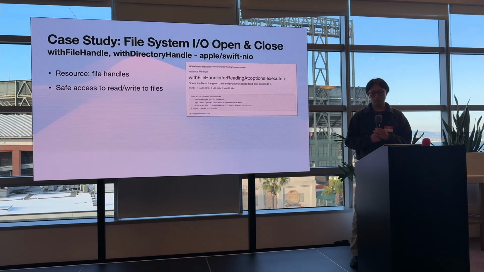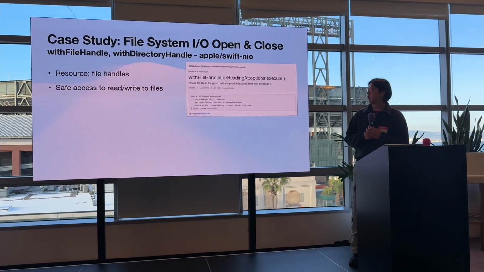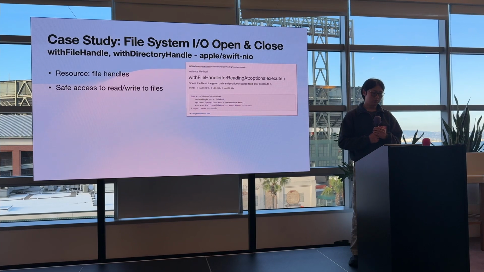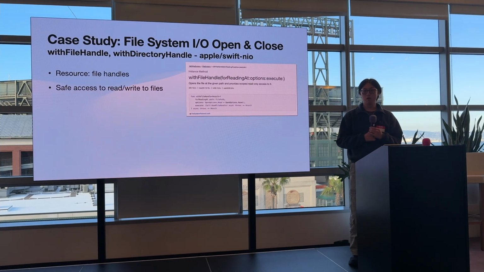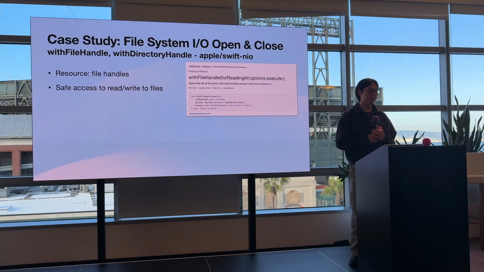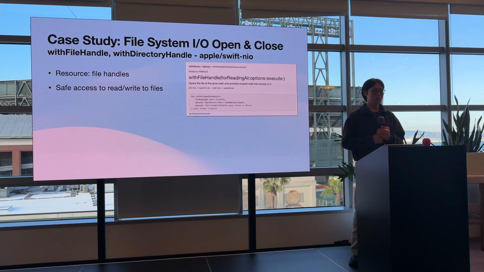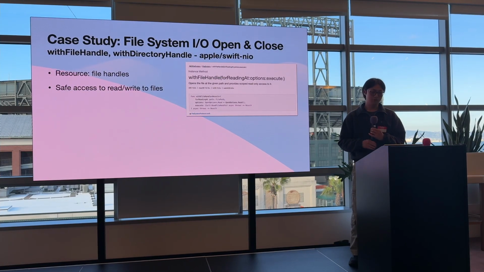Next up, let's look at the file system I/O example. These two APIs are from the Apple SwiftNIO library. You can also find it on GitHub, and it's a framework that you can use to develop web applications like servers and clients. It's basically Java's Netty framework, but written in Swift.